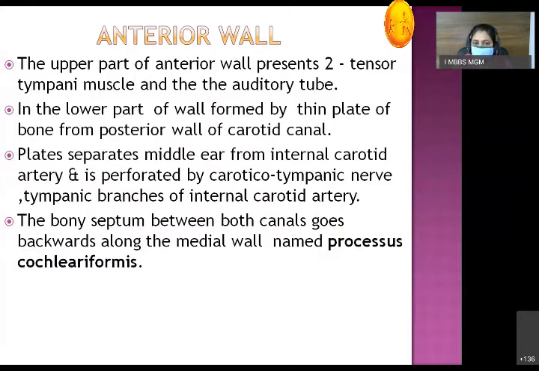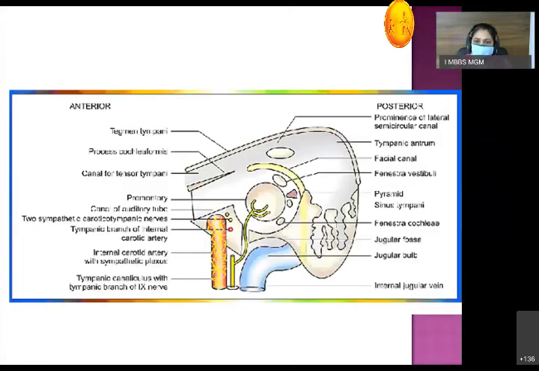And this plate is perforated by the caroticotympanic nerve and the tympanic branch of the internal carotid artery. So here you can see this plate is pierced by the tympanic branch of the internal carotid artery and the caroticotympanic nerves.